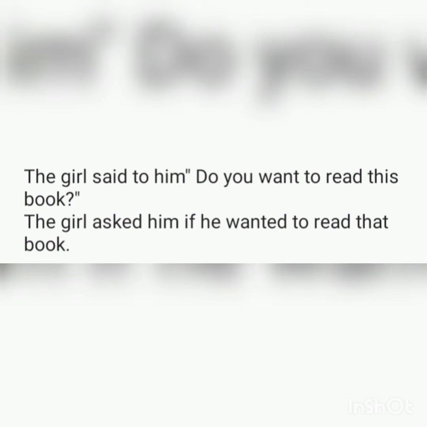The girl asked him if. Here you belongs to him, and the objective form him will change into the subjective form he. So him will become he. And the past tense of want is wanted. He wanted to read. This will change into that book. The girl asked him if he wanted to read that book.